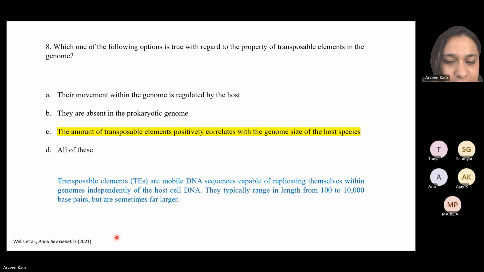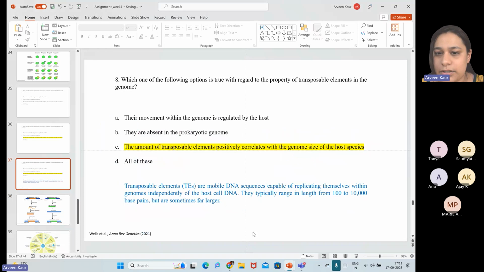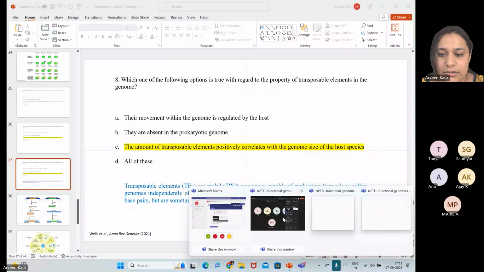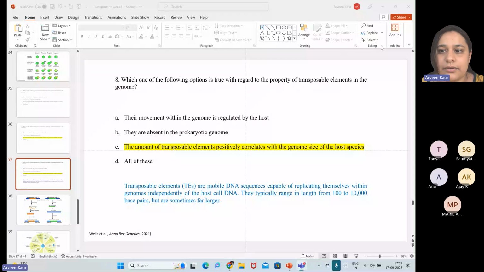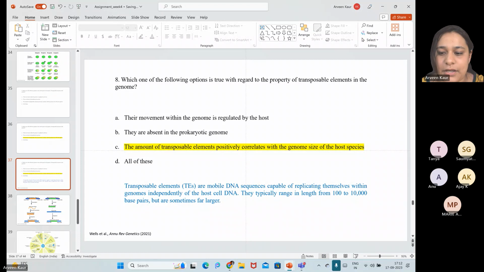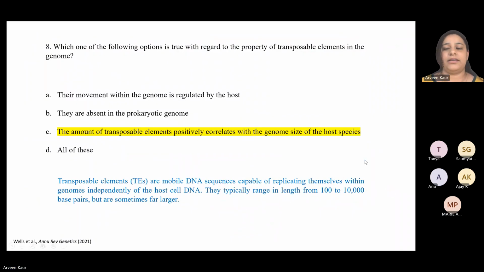Please go ahead. The screen is not visible. I wonder what could have happened. It was visible when I started discussing this question. It was visible previously, but not now. Okay, now it is visible. Yes, this concept was brought forward by Barbara McClintock.